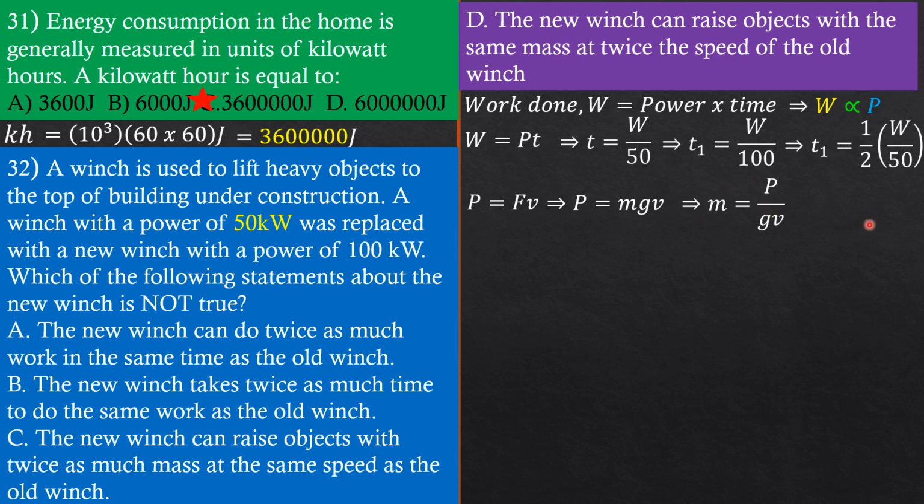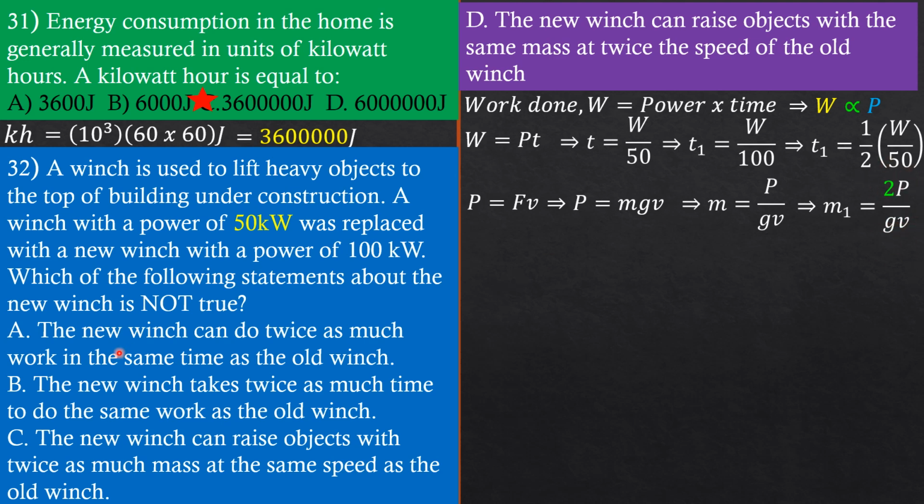This is simply the initial mass. Now, what will happen if the power is doubled? Because the power has changed from 50 to 100, it means they have doubled it. Therefore our new mass m1 becomes 2P over gv. Great, so it requires twice the amount of mass.